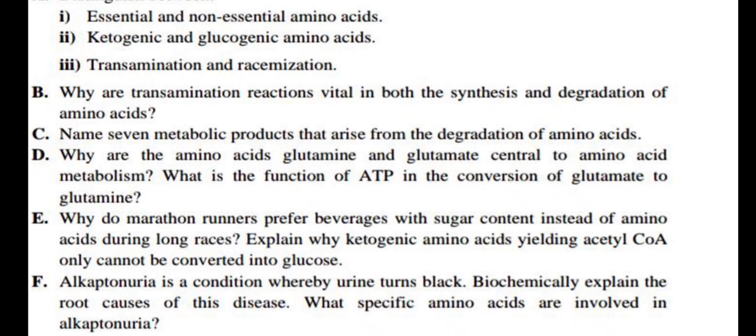That's why this glutamine and glutamate are the central points of amino acid metabolism: one, they regulate the levels of ammonia in your blood. Apart from that, glutamate is the most abundant amino acid a human being has, and from it you can synthesize other different types of amino acids.